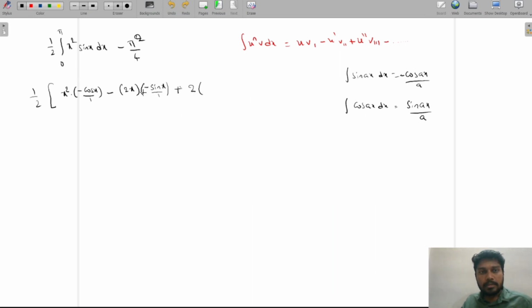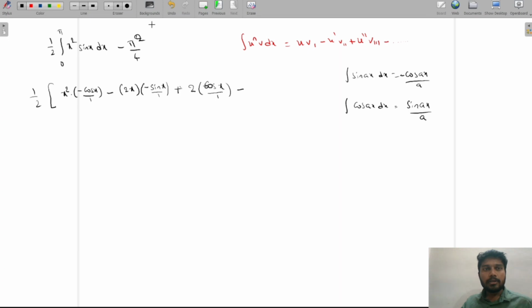So one more time means this constant, this minus will be as it is. For this sign, one more minus will come. So can I say it is plus, minus into minus plus? Yes. So plus cos x by 1, minus plus minus plus minus minus.